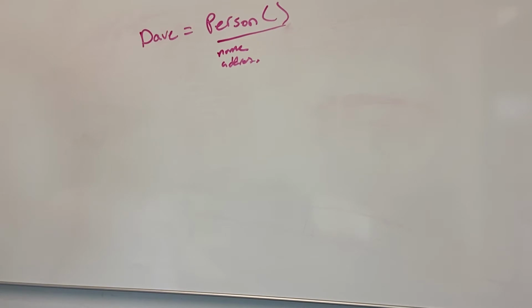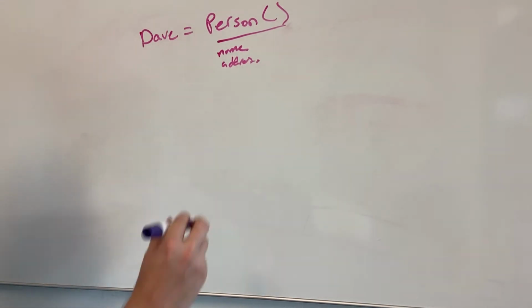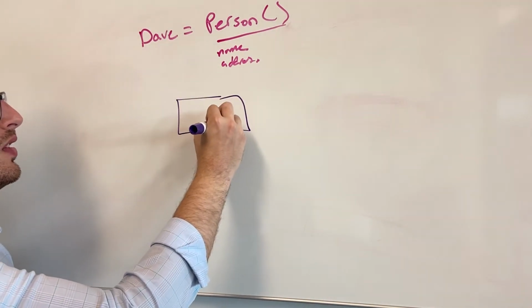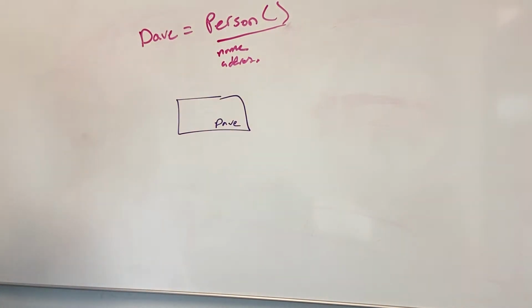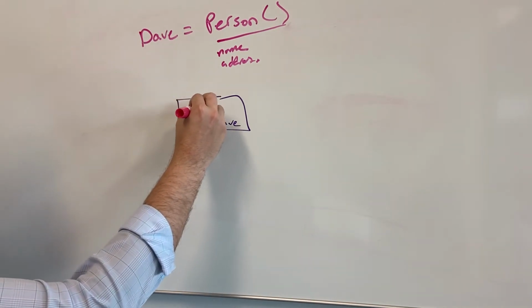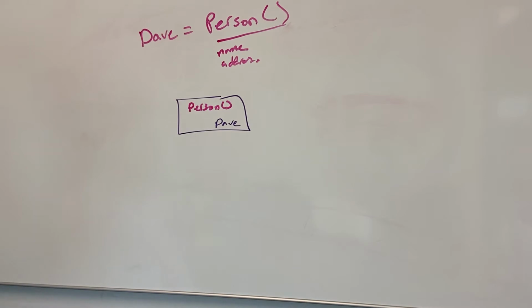So Dave points to that person in memory. And usually, not always, but usually, and this is how I thought about objects for the longest of times, this meant we had a box called Dave, and inside it was a person. Like so. That's fine.